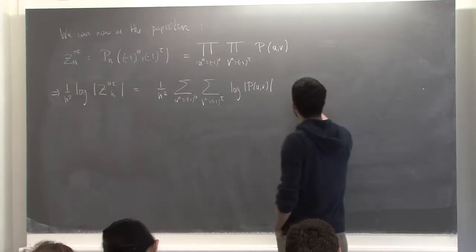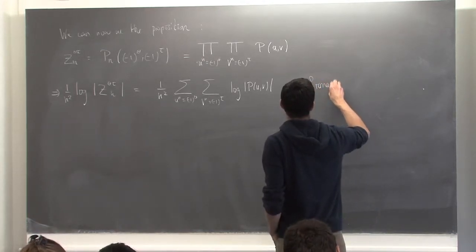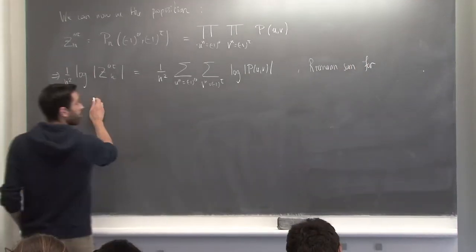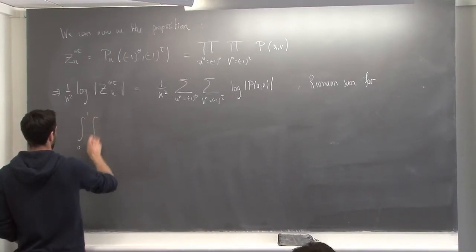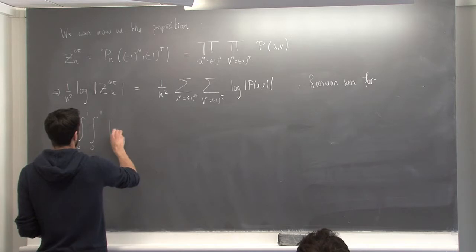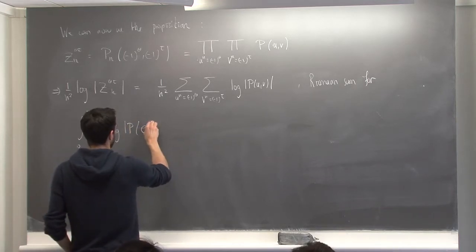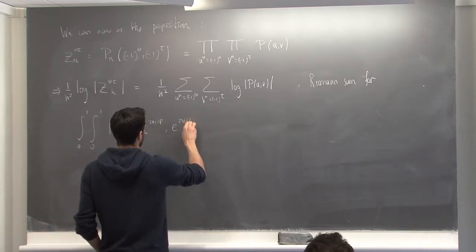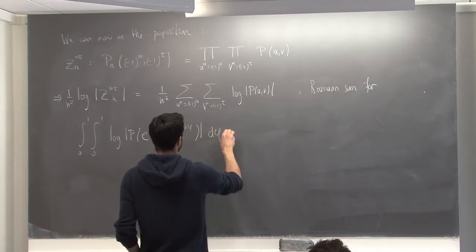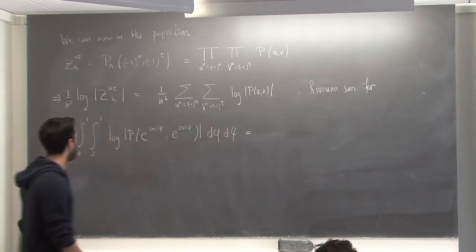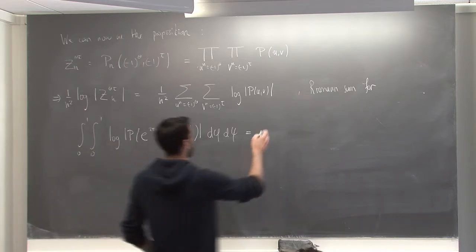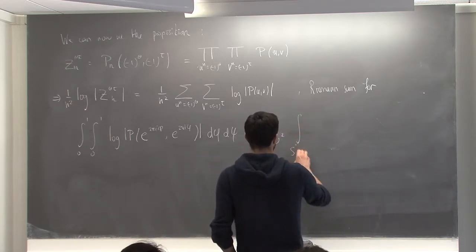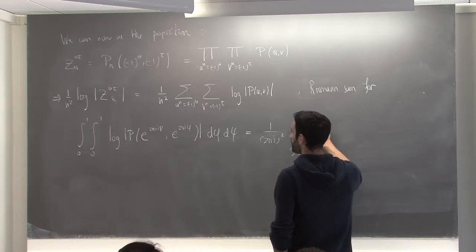And you see that what we get here is a Riemann sum for the following integral, and if you just make a change of variable, you get exactly the integral that I had stated before, the log.